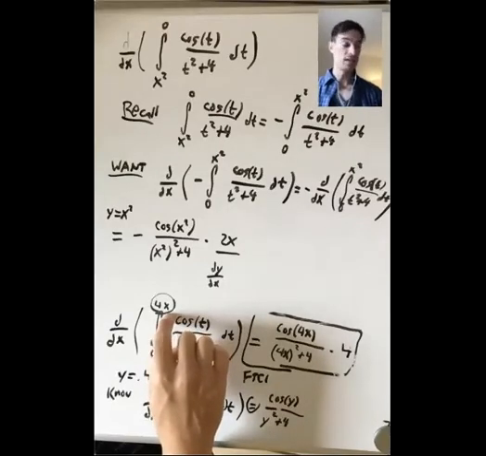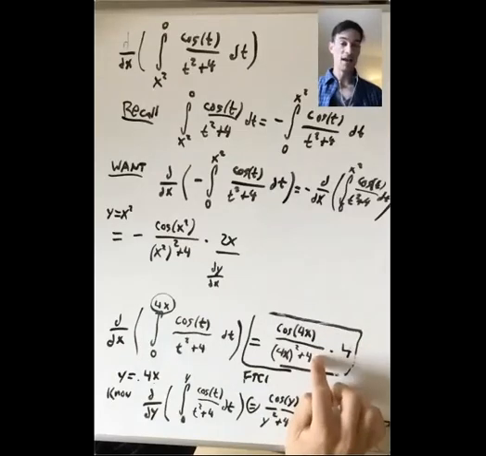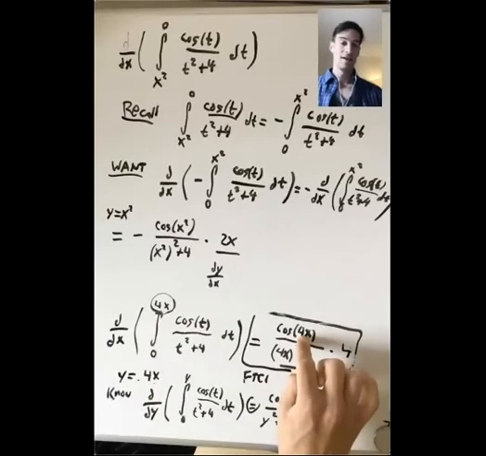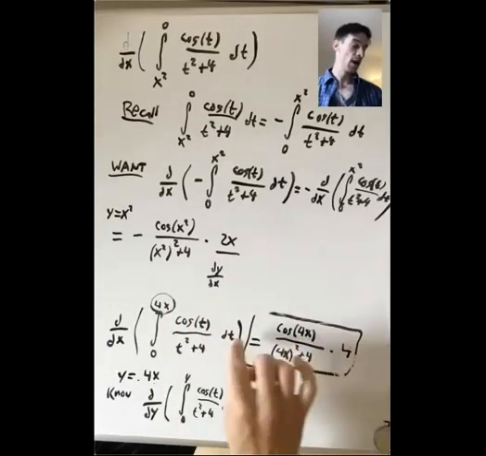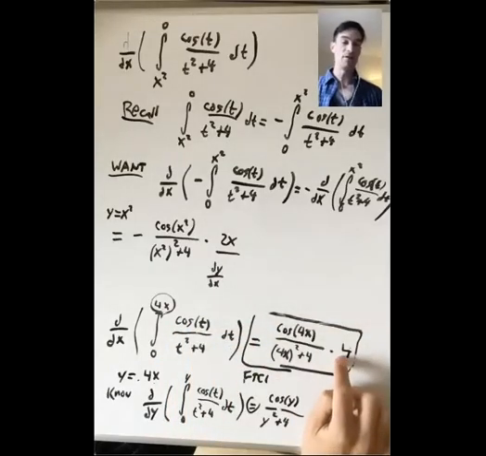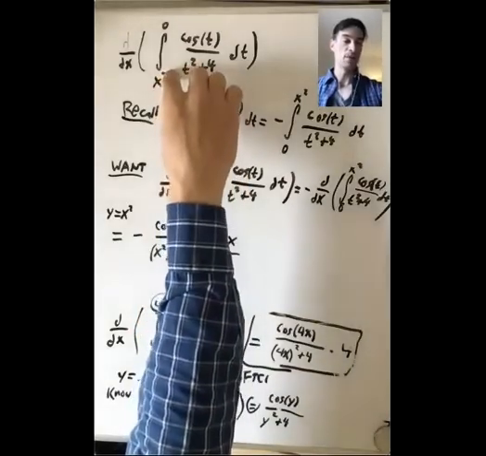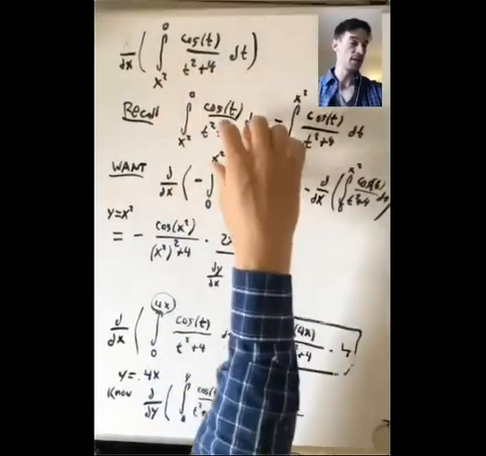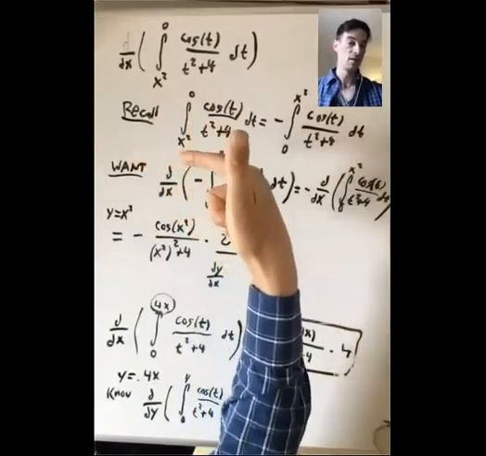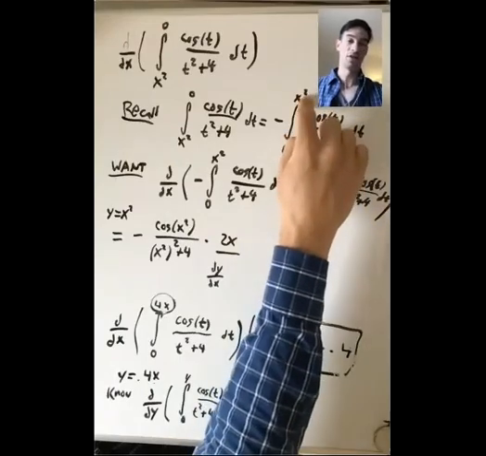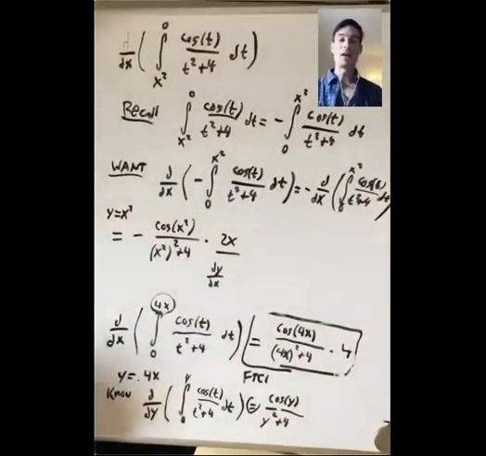You get the same thing you would get from FTC1, pretending that 4x is y, and then you have this extra factor of dy dx. In the other case, we needed one extra property, which was to switch the endpoints, which picks up a negative sign so that our integral goes from a real number to our function of x. Putting all of this together gives you the derivative of the integral that we started with. And that's it.